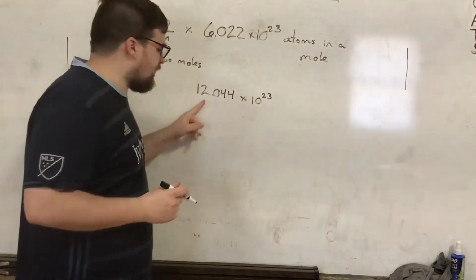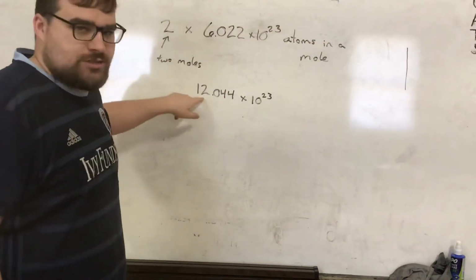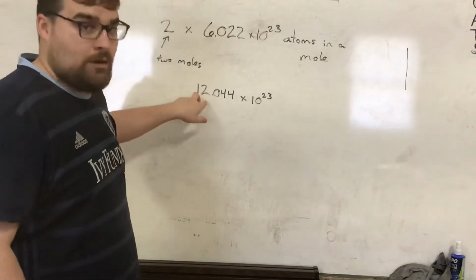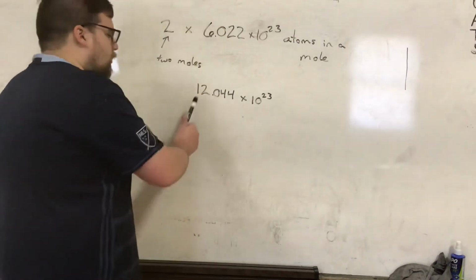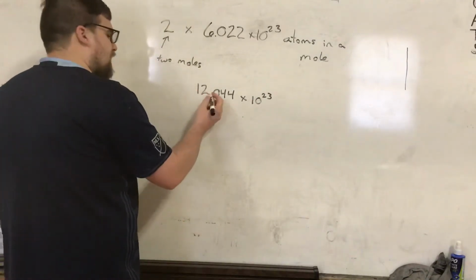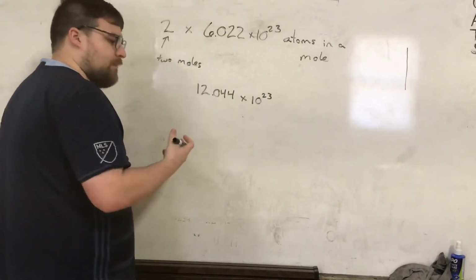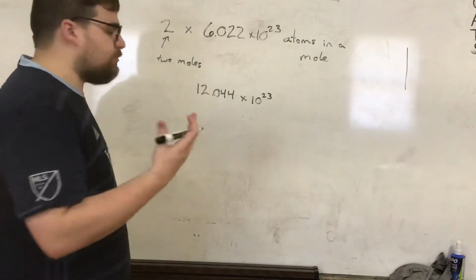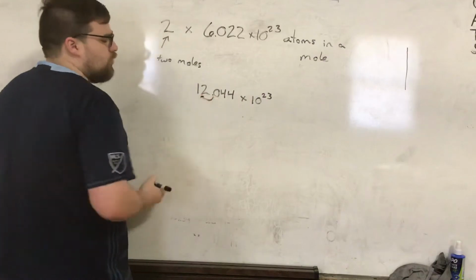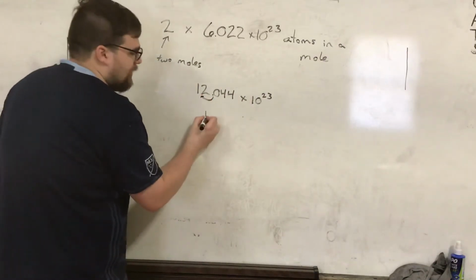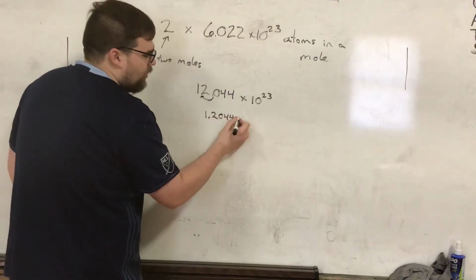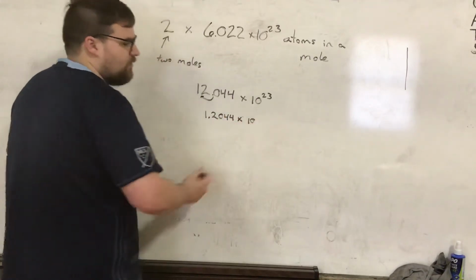But you'll notice now we have a 2-digit number, 12. I would accept this as a correct answer, but scientifically, what we would usually want to do is take this decimal and move it over 1. Make it 1.2044 times 10 to the what?